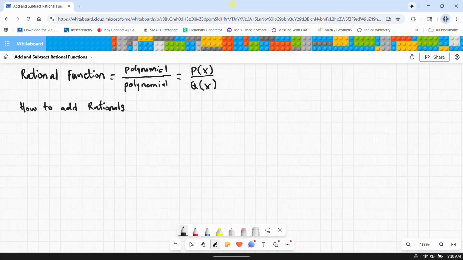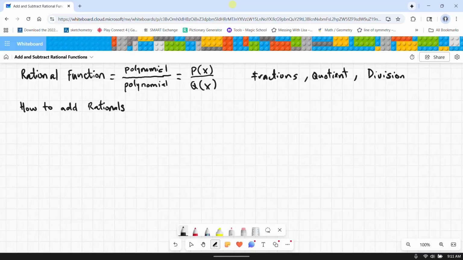So these rational functions look like the fractions that we learned before. People call them fractions, you can call them quotients, you can call them divisions. They're similar, it's just how you move from one to another.